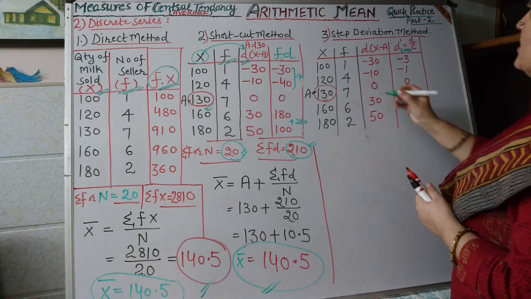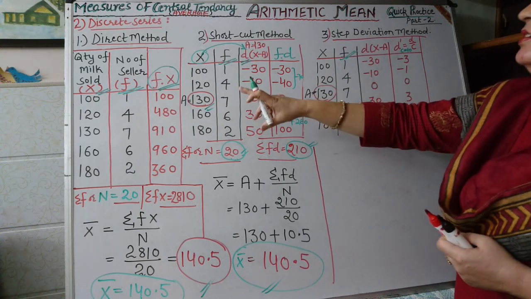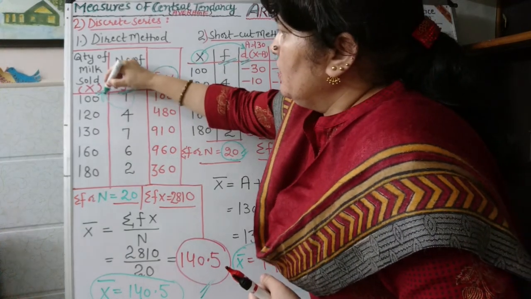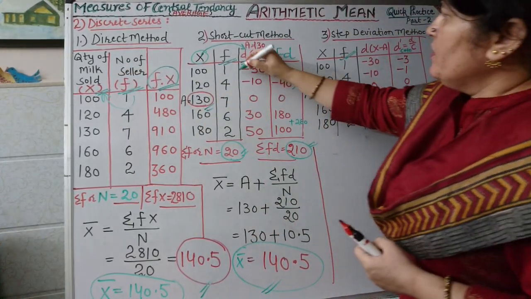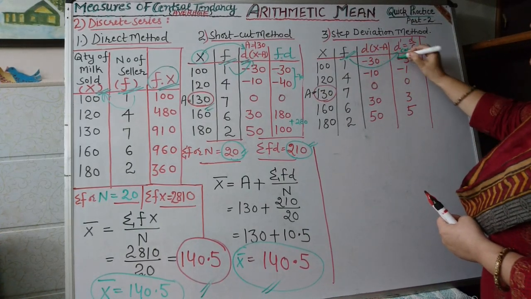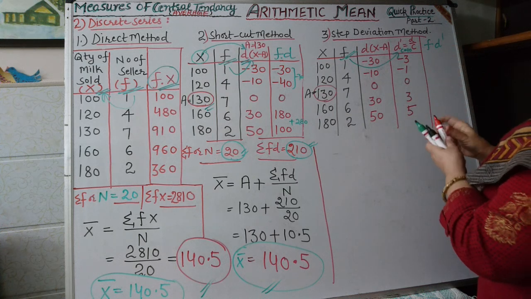Now we will multiply frequency. Frequency will be multiplied in all the methods. Either it is multiplied by x, or by d, or here by d dash. Next column is fd dash.